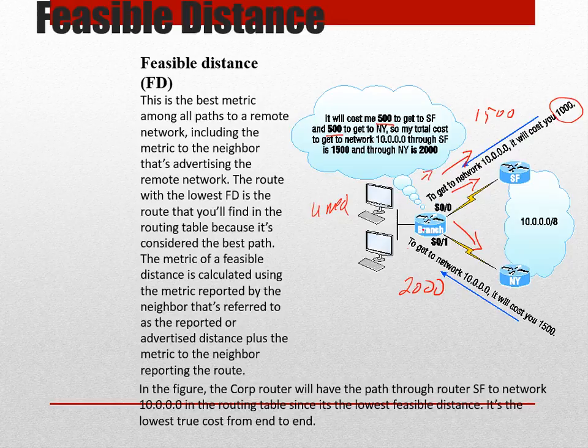Most of the traffic would go on to 1,500. Some of the traffic would go on to 2,000 based on what was available there. So the metric is feasible distance, and the feasible distance, the one that we pick, is going to be the route, obviously, the route that we're going to use.